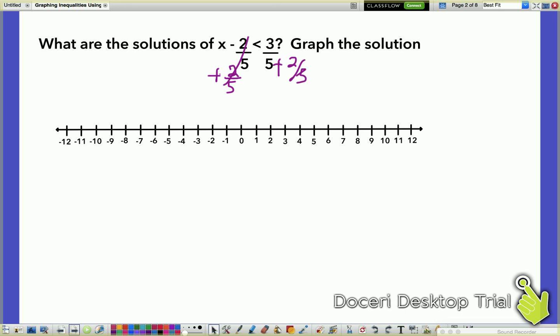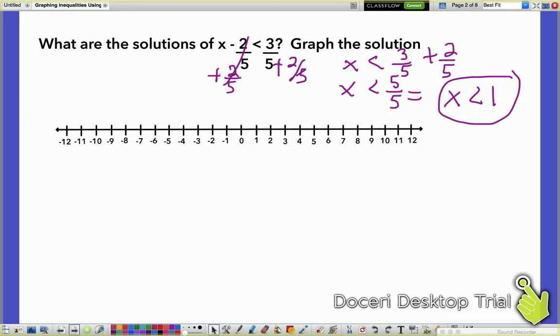Okay, that'll cancel, and I'm left with x is less than 3 over 5 plus 2 over 5. When we add fractions, remember we need a common denominator, which I have, so I'm not worried about that. So I have x is less than 5 over 5, and then 5 over 5 is 1. X is less than 1.